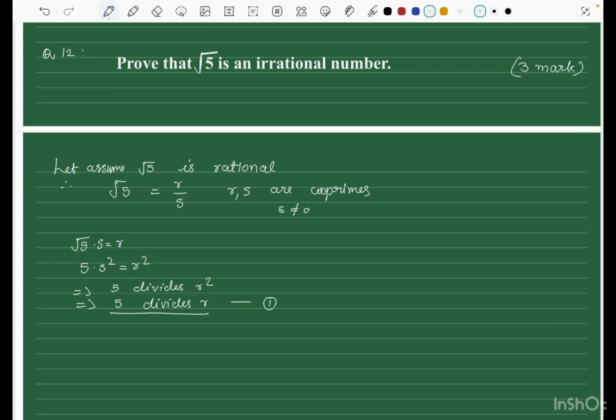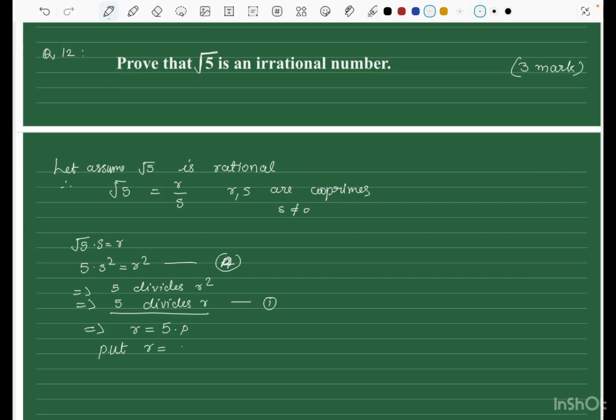Take it as result 1, and call this equation A. 5 divides r implies r is equal to the multiplication of 5 and a constant or a number. Take it as p.